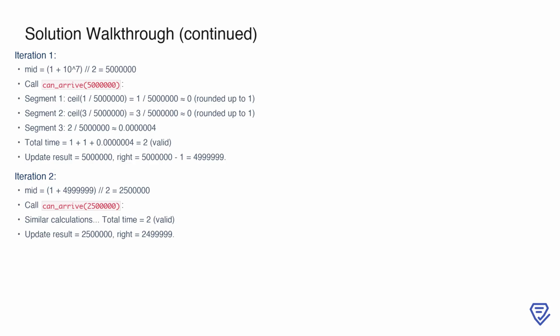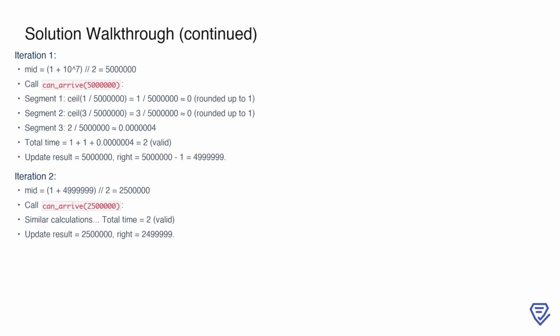In the first binary search iteration, we calculate the middle speed as the average of the left and right bounds, which is 5 million. To check if this speed is valid, we use the can_arrive function. For the first segment, dividing the distance by the speed gives approximately 0, which rounds up to 1 hour. The same calculation applies to the second segment, also resulting in 1 hour.